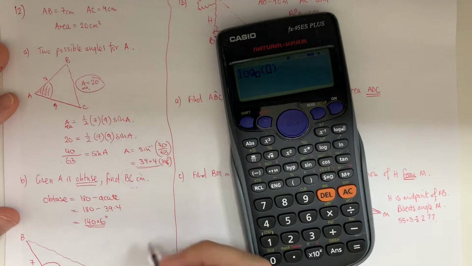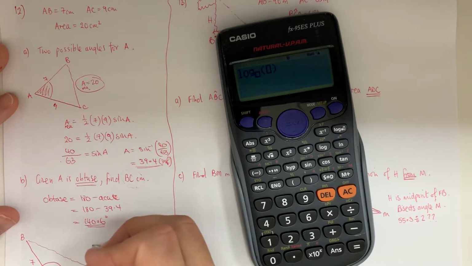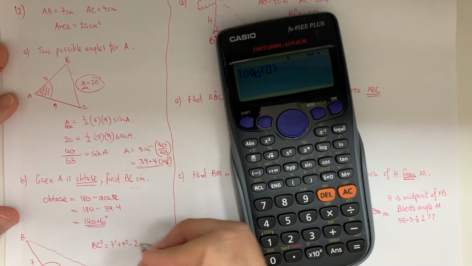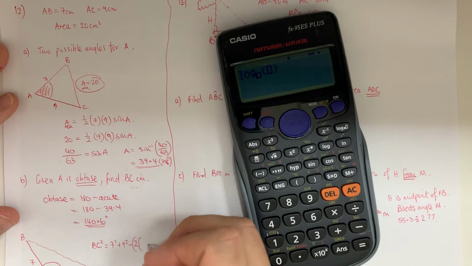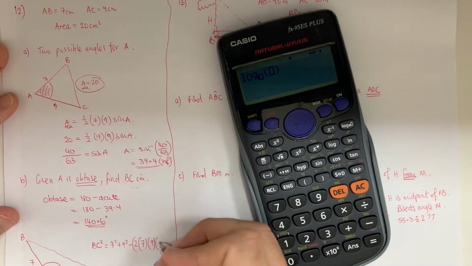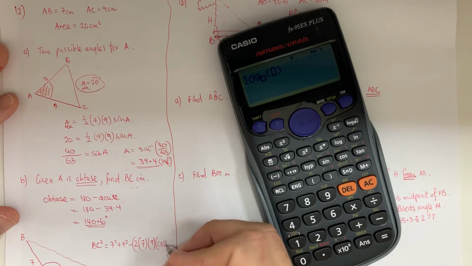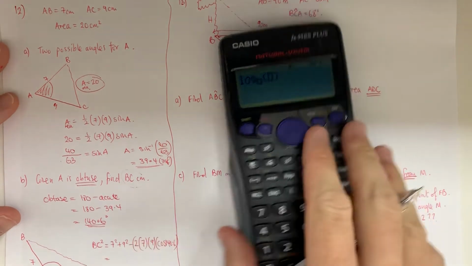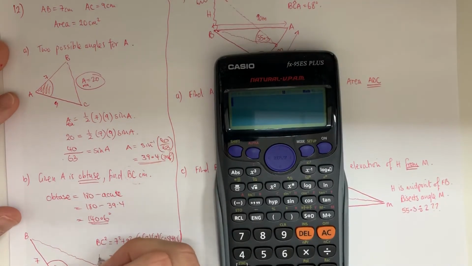So it's going to be the cosine rule. So BC squared is equal to 7 squared plus 9 squared minus 2 times 7 times 9 times cos 140.6.